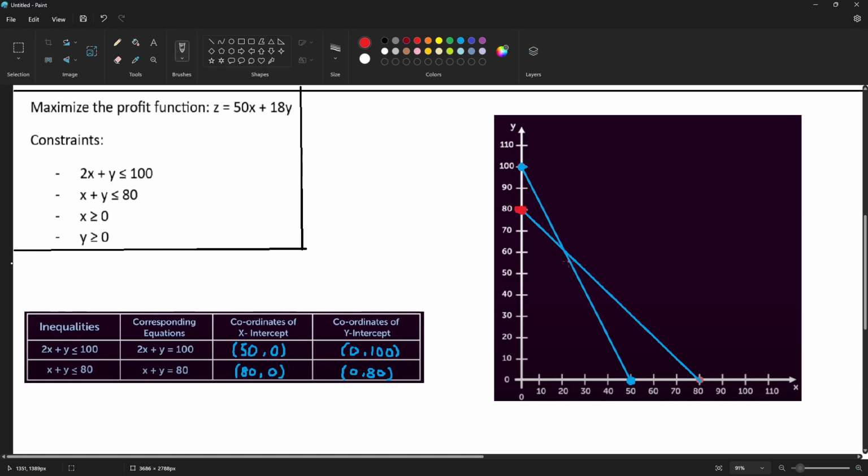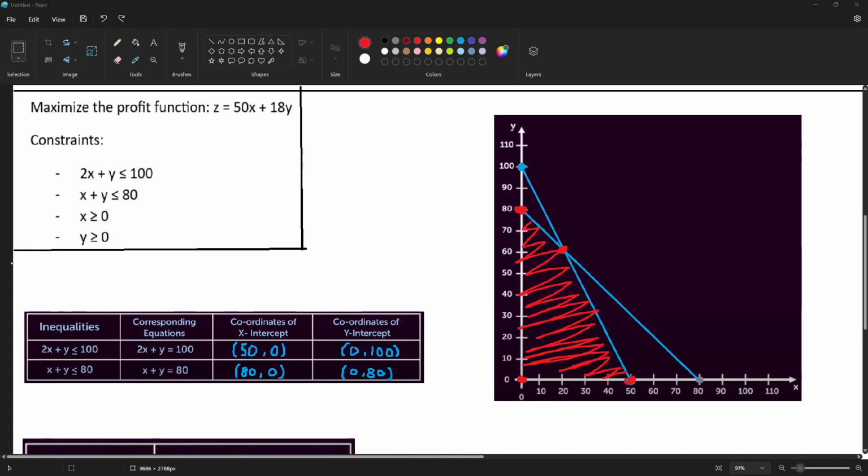This is the first one, this is the second one, this is the third one, and this is the fourth one. Now, the region within these four corner points is your feasible region.